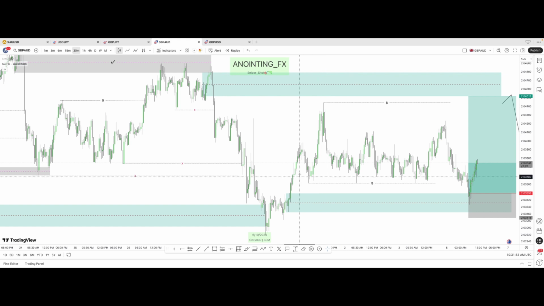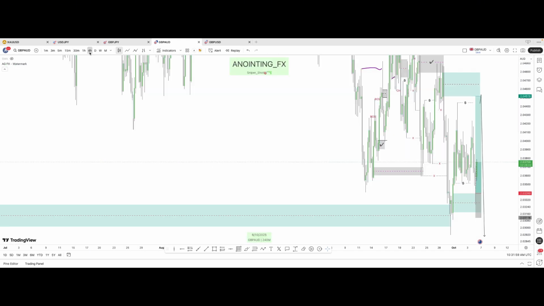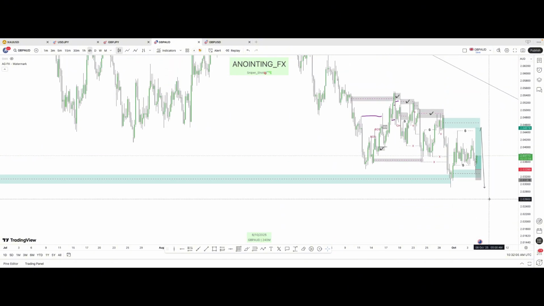So this is what we have. Let me show you on the 4-hour time frame. I made a setup and then I shared it to my Telegram community. So this was the setup.